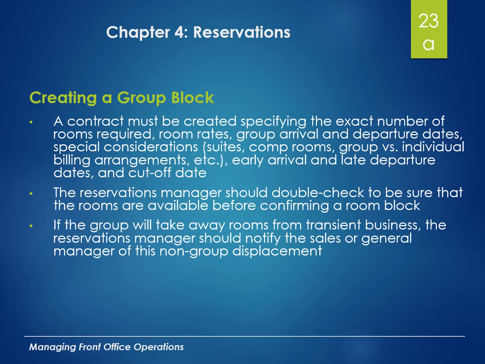Well, this group might bring us a lot of money right now for this large meeting, but these are people who maybe only come to us once every 3-4 years, or maybe once every other year. And so we have to balance, which one do we want? Do we want that transient guest that's going to come back time after time, or do we want this group that's only going to come back every other year? So it's a balancing game that we play.